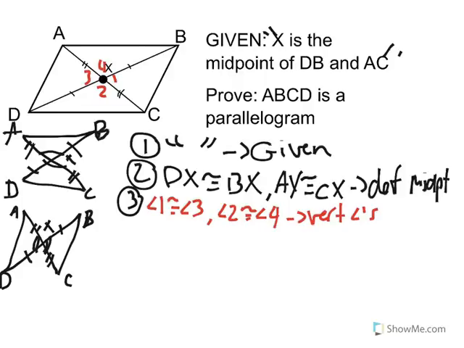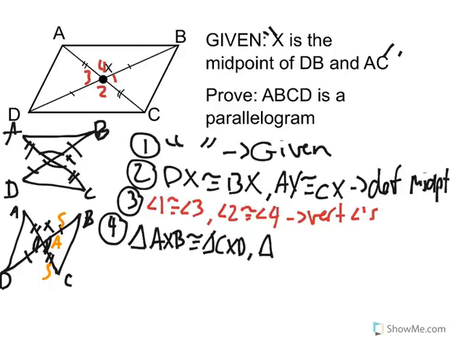So both of those sets of triangles are going to be congruent by side, angle, side. So we know that triangle AXB is congruent to triangle CXD, and also triangle BXC is congruent to triangle DXA.